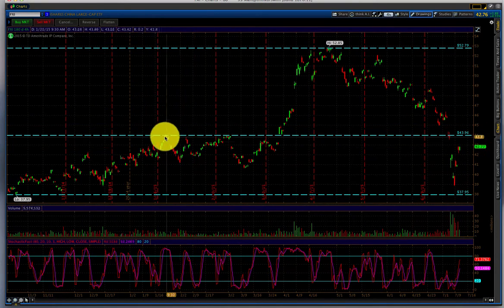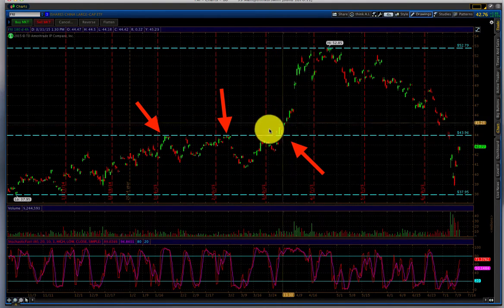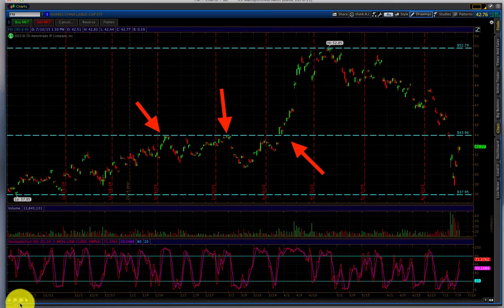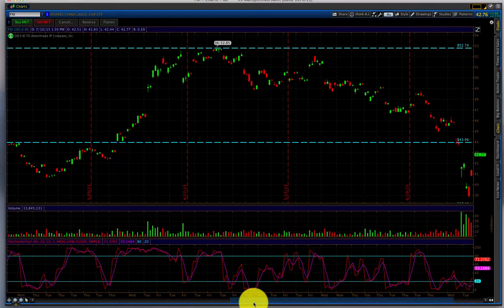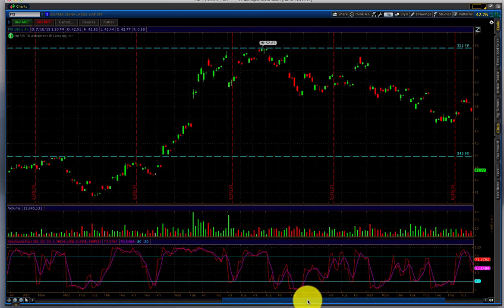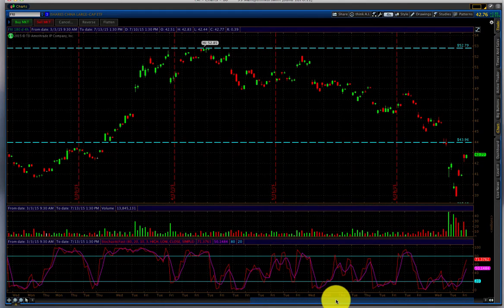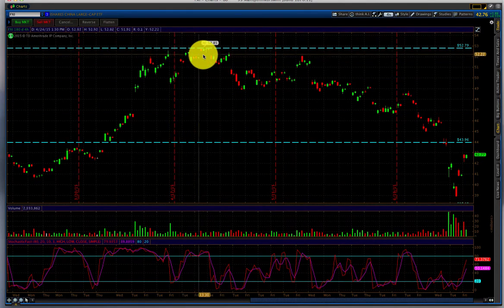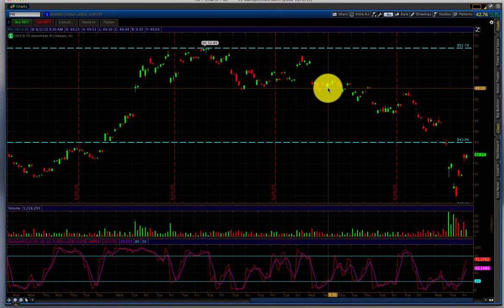Over here, this level 43.99, 44, this level is resistance, and then here it becomes support. Yeah, it becomes support in here, and then this level under 53 is overhead resistance.